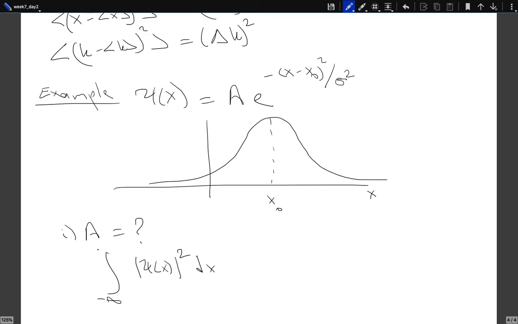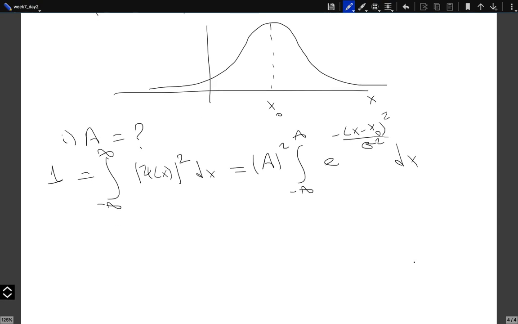So just integrate this probability density over all space. So this should be 1. Well, this is equal to A squared. Now let me put a 2 over here also in the definition. From minus infinity to infinity, e to the power minus (x minus x0) squared over sigma squared dx. This integral should be 1.